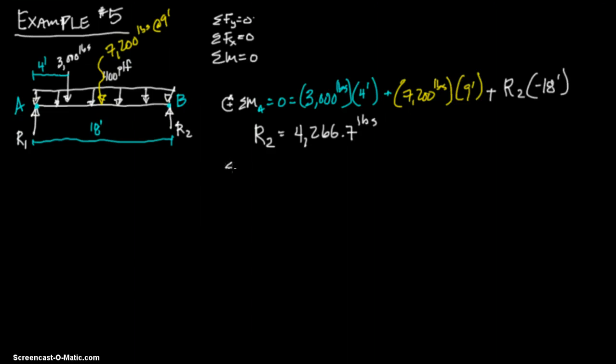Alright, now we have the sum of the forces in the y direction equals 0. And R2, remember, equals 4,266.7 pounds. Let's go from left to right. So we have a positive R1. This is going up. A negative 3,000. Then we have 7,200, which is also negative.